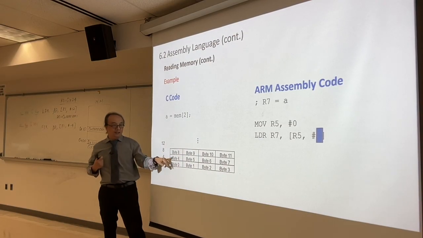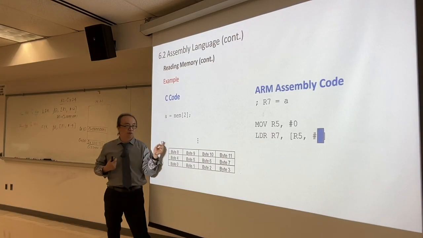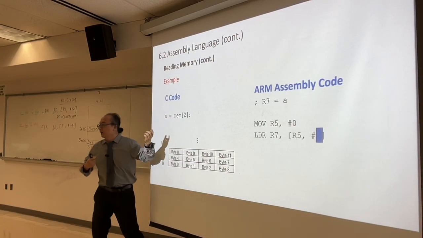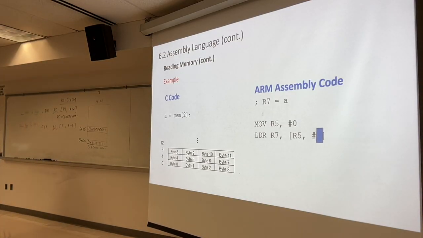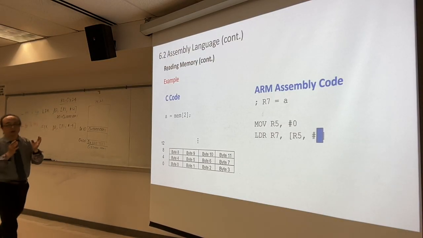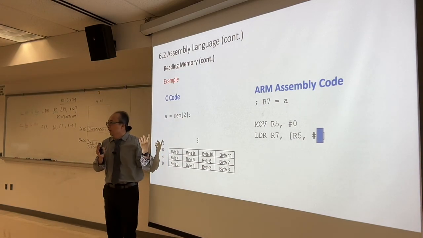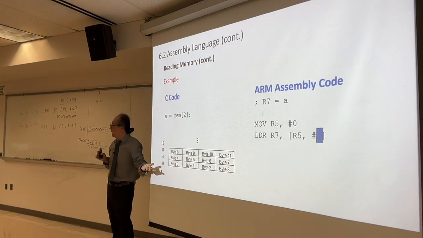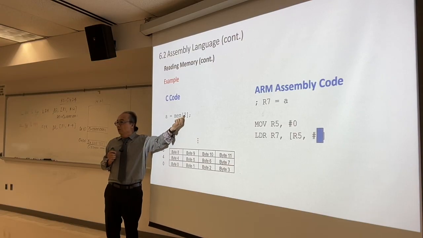Array 1 is here. Array 2 is here. And array 3, 4, 5. Each array is 32 bits in the ARM architecture. When you say array, it doesn't say anything about the number of bits, but in the ARM, everything is 32 bits. Make sense?